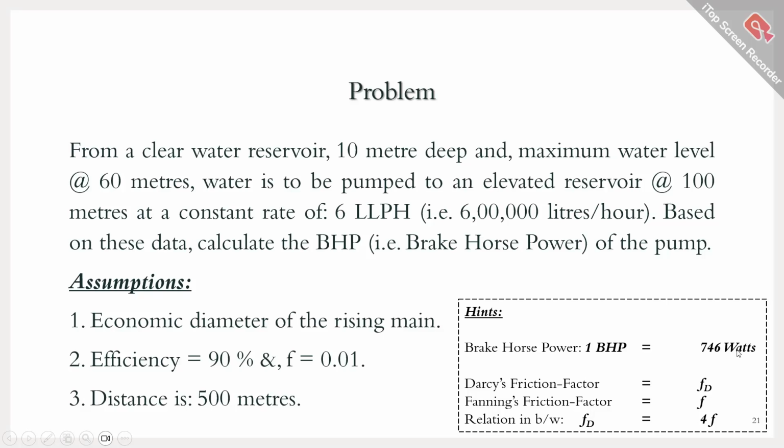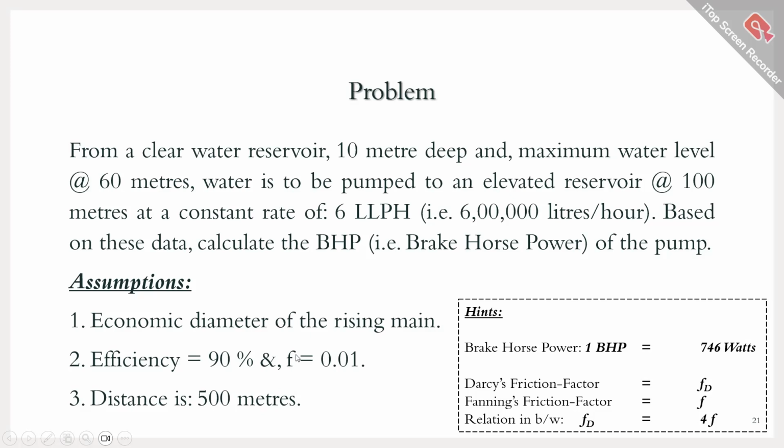Then you divide it by 746 to get the value in bhp, which you have to calculate here. Watts means kg meter square per second cube. ML square by T cube is the dimension of power that you can keep in mind for ease of calculation.